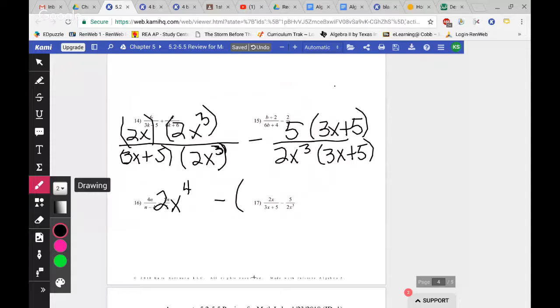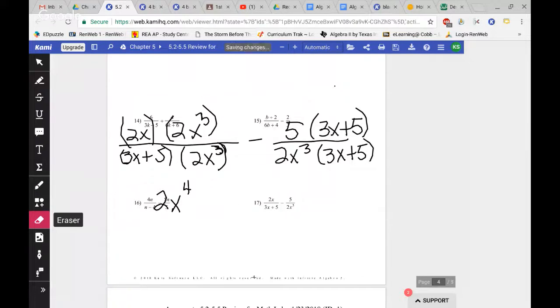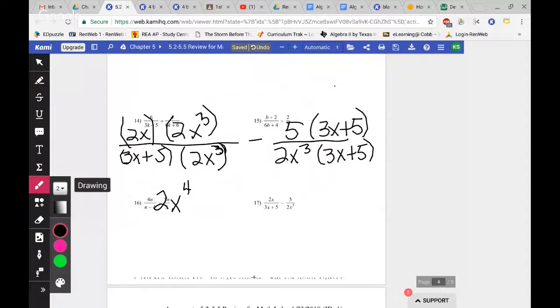Yeah, they could do that. Okay, all right, then I'll do that. If I treat it as a -5 and distribute that to the 3x, that's -5 times 3x, which gives me -15x.